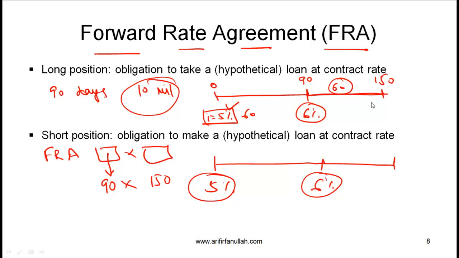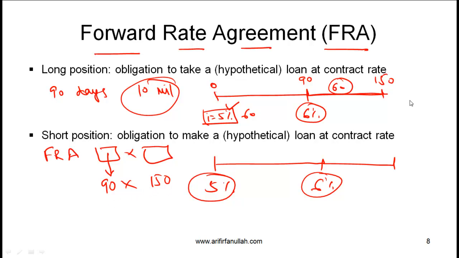A lot of people make a mistake where they put 60 over here, which would be the duration of the loan. While that seems logical, the convention is that both the numbers 90 and 150 are based on the number of days from day 0. Sometimes this is expressed in terms of days. This could also be expressed in terms of months.